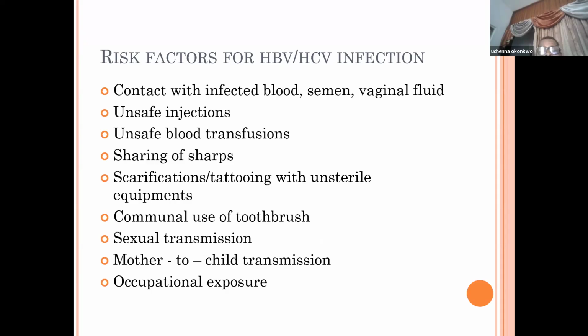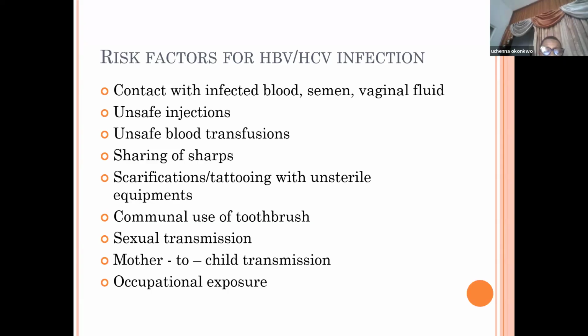What are the risk factors for hepatitis B and C infection? Good enough, both of them share the same risk factors. And the most common is contact with infected blood, whether it's semen, vaginal fluid, saliva inclusive, unsafe injections, unsafe blood transfusions, sharing of sharps, scarification using non-sterile tools, and tattooing.